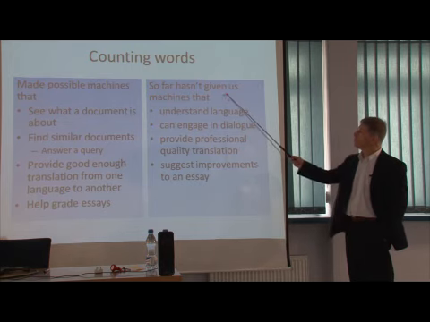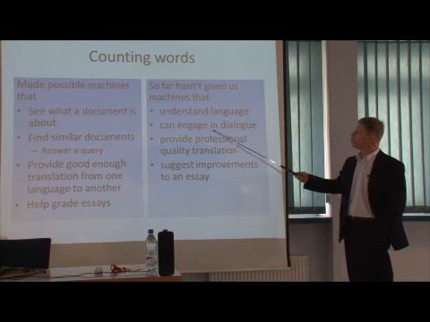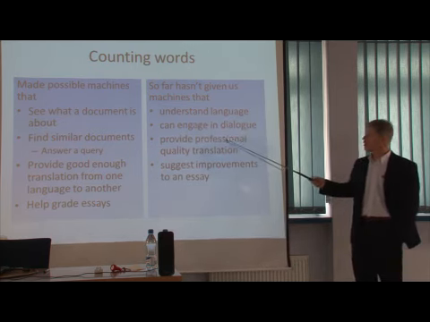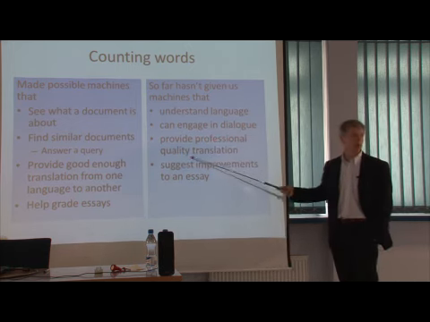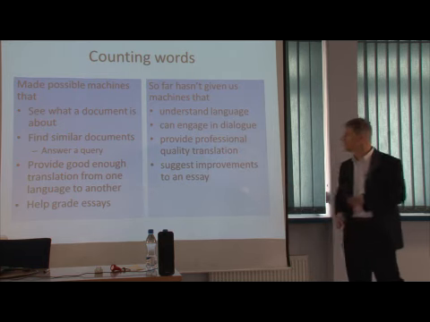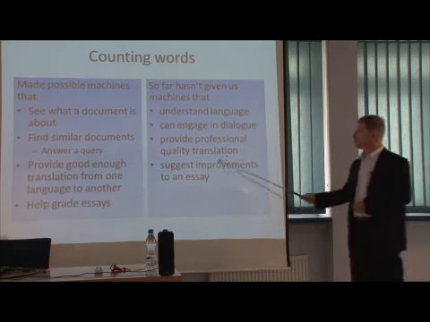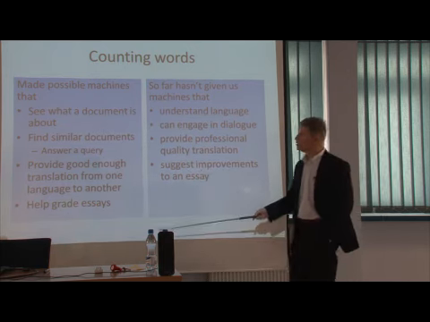But we don't have machines that understand language, and many things have been tried, all based on counting. We don't have machines that can engage in a sophisticated dialogue, or that can provide professional quality translation as opposed to the gist translation that we can get, for instance, from Google. Or machines that can suggest improvements to an essay.